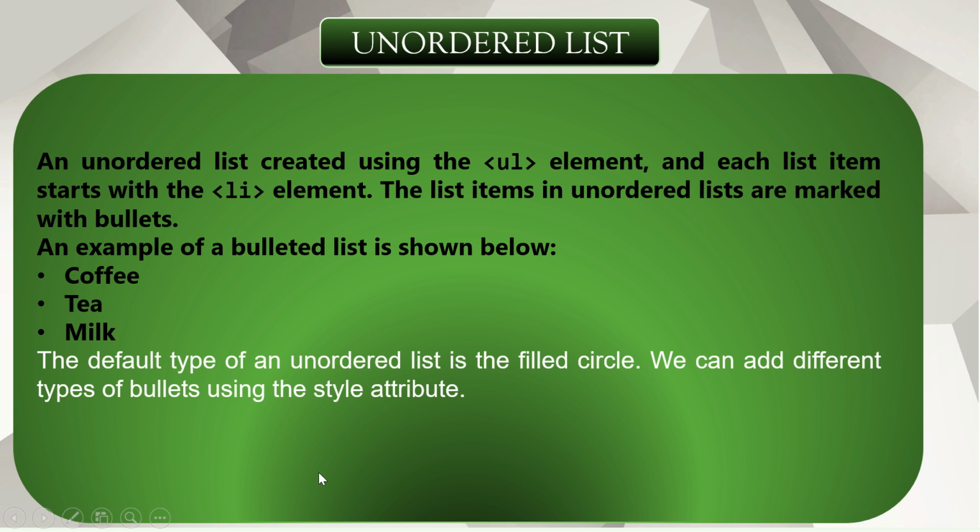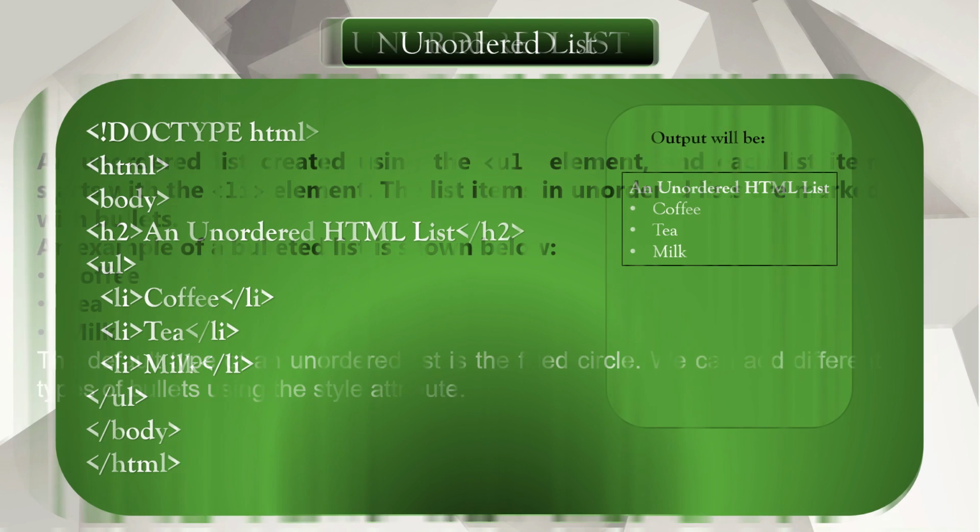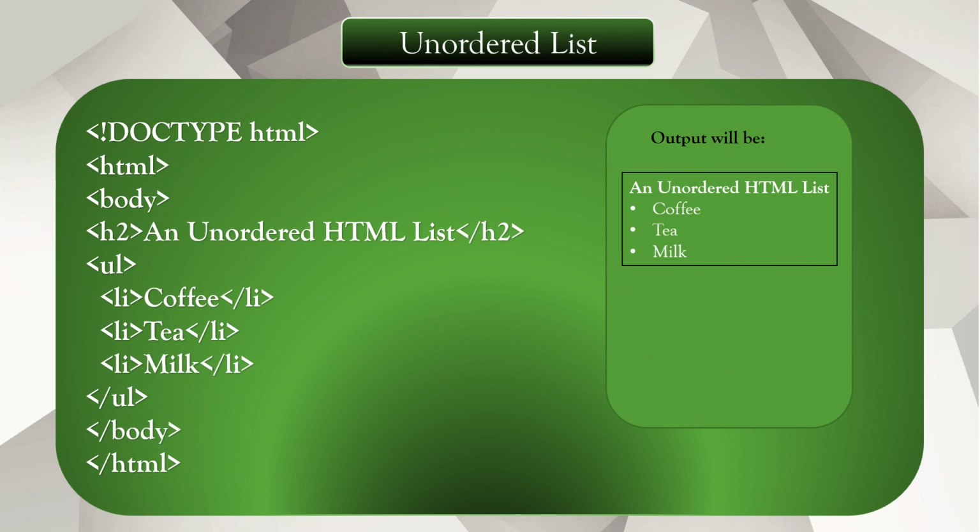And by default, as I told you, the filled circle is the default unordered list bullet you have. Got it? Now this is one of the example codes. We have a piece of HTML code by which you will get the output like this.